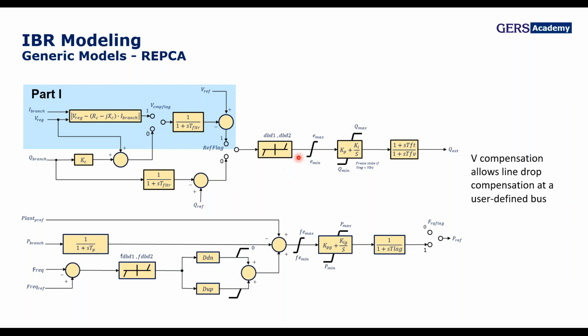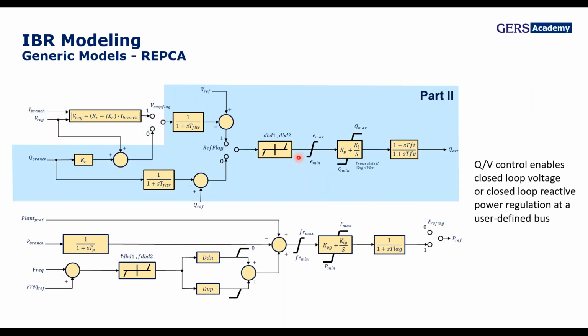Okay, the next strategy is the QB control. You have two options here. You can capture the signals from the reactive power branch, and they go through some kind of droop control.